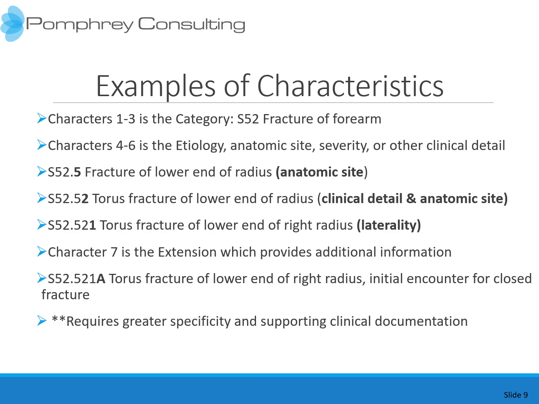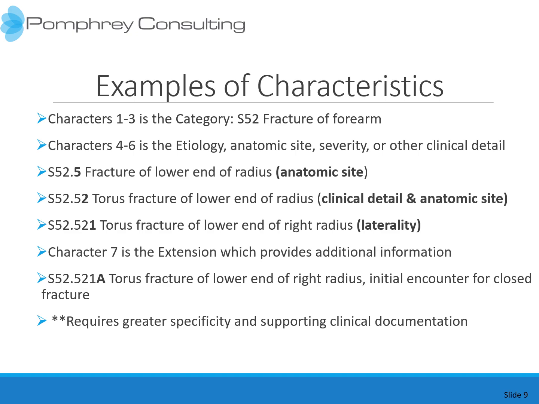We then have our character 7, which, always remember, is going to be the extension, and identifies that additional information around that disease or that injury. For this case, we're going to use A. As we get into the additional lectures, you'll learn some more of those 7th character extensions and what they would mean and how to identify those.